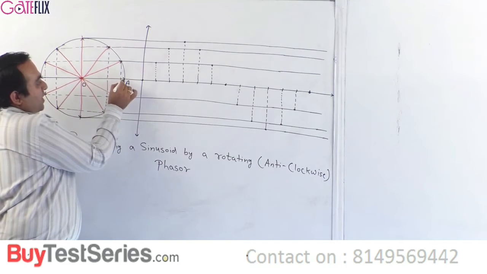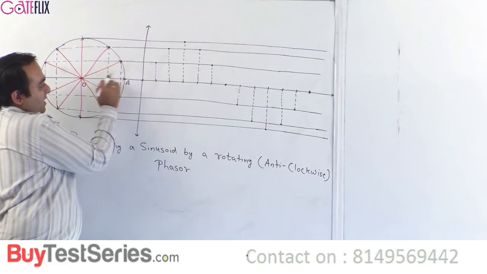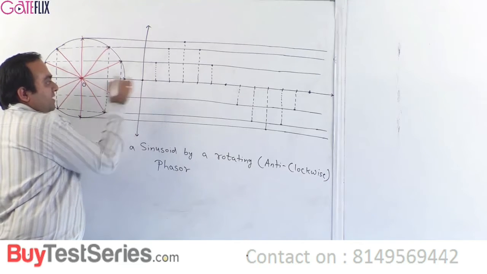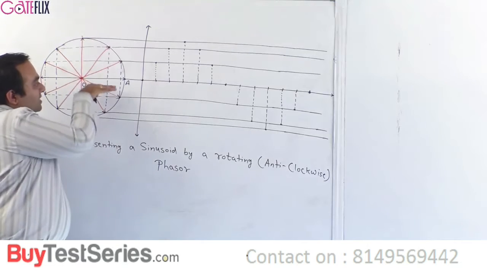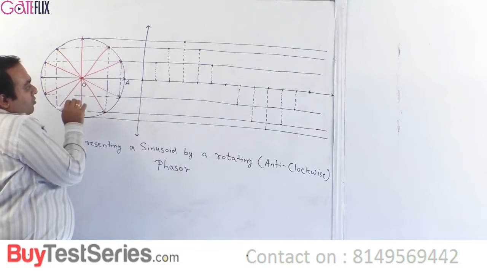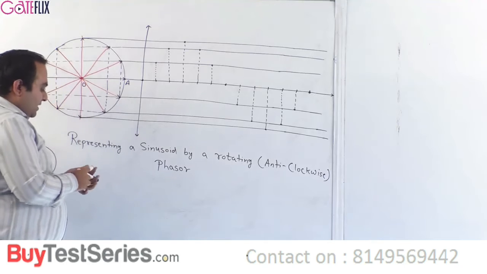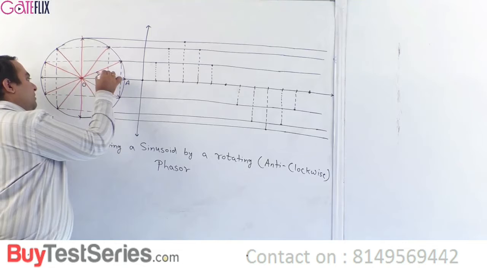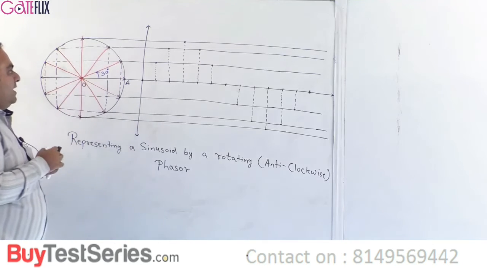If it is in position OA, the vertical height of A from this reference is 0, so I am having a projection at 0. As this phasor rotates anticlockwise by an angle of 30 degrees, as you can see, each division is 30 degrees, right?